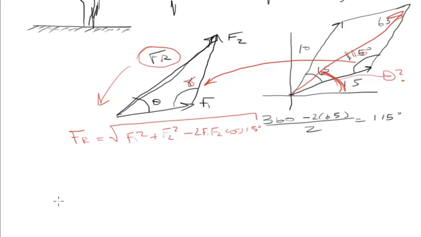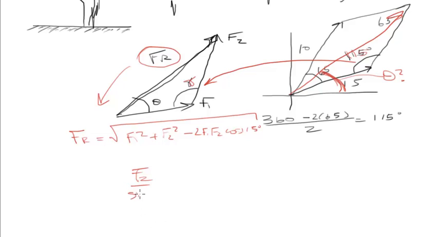So then we can use that information with the sine law, and we can use F2, sorry, F2 over, so F2 is this vector, so it's going to be over theta. So that's the angle that we're looking for.